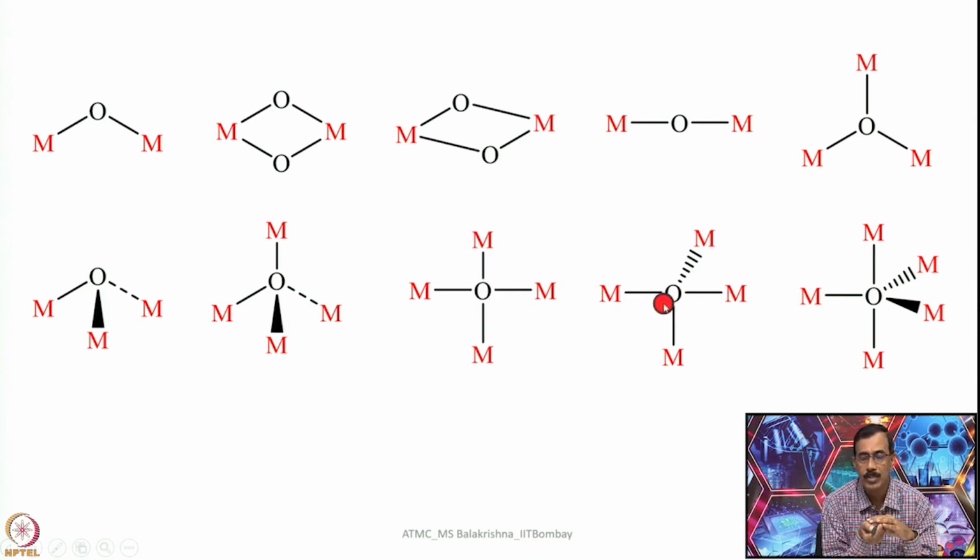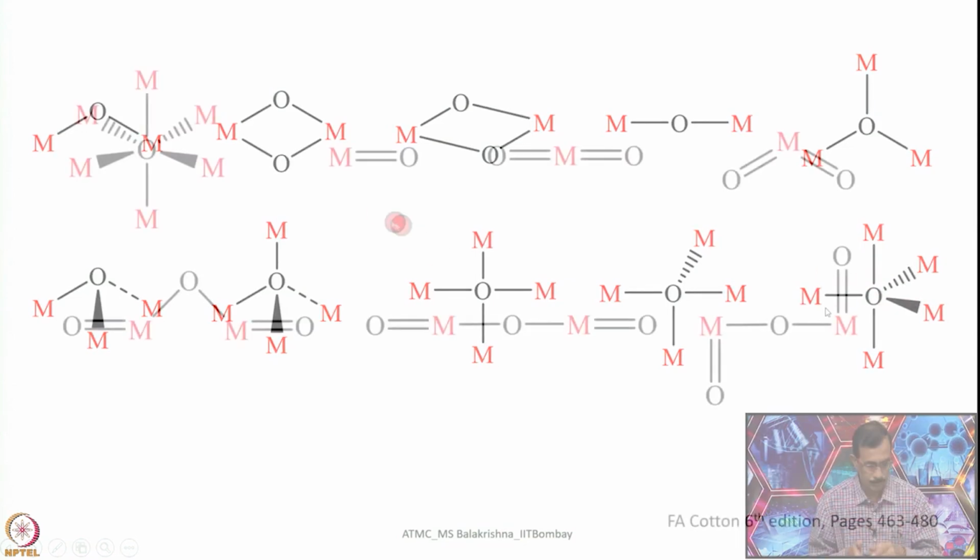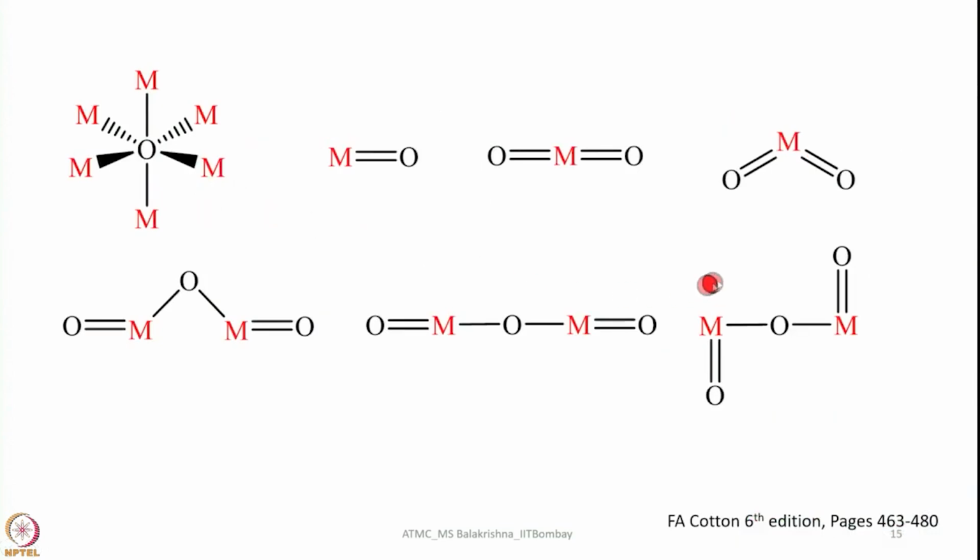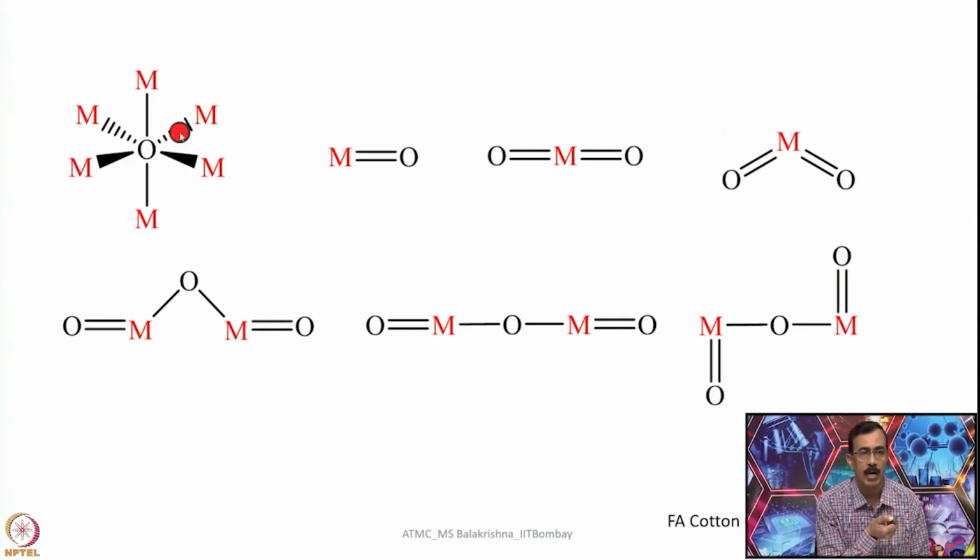Or something like this is also known, or in some cases we also have examples of oxygen bridging as many as 5 metal centers, having these 5 metal centers in a trigonal bipyramidal arrangement. Some more examples, it is not just 5, it can also bridge 6 metal atoms in an octahedral fashion.